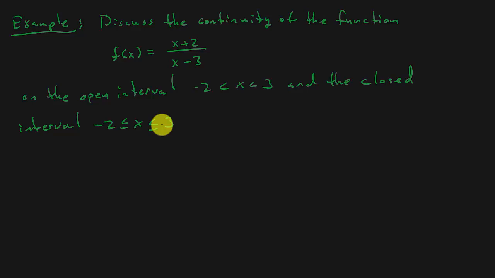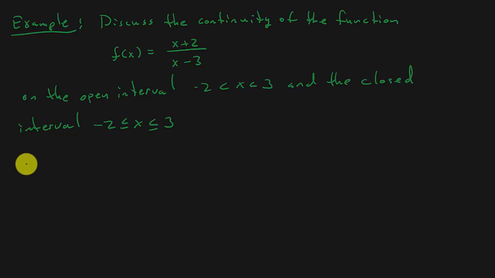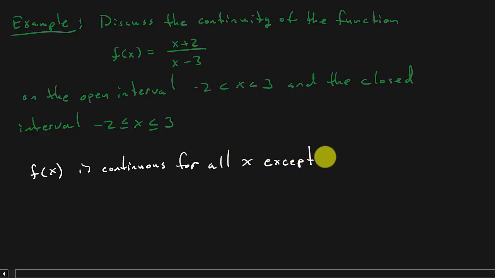open interval. Okay. So the open interval, well, I guess before we do that, we can say here that f of x is continuous for all x values, for all x, except where?